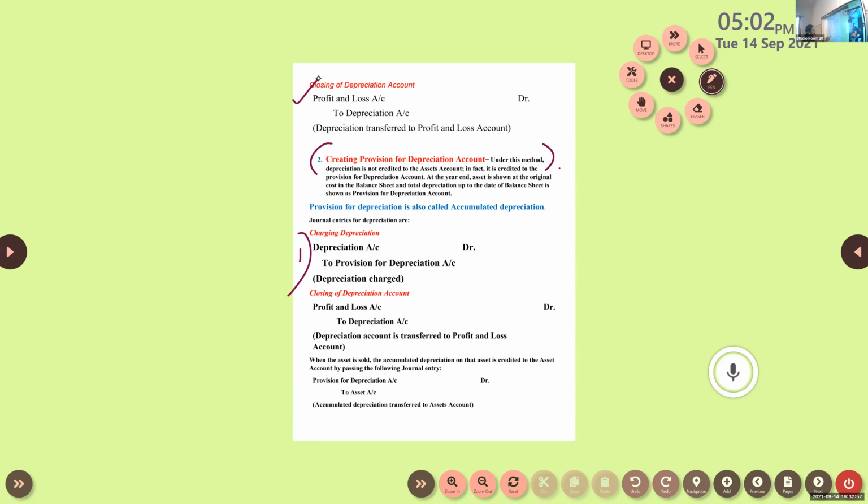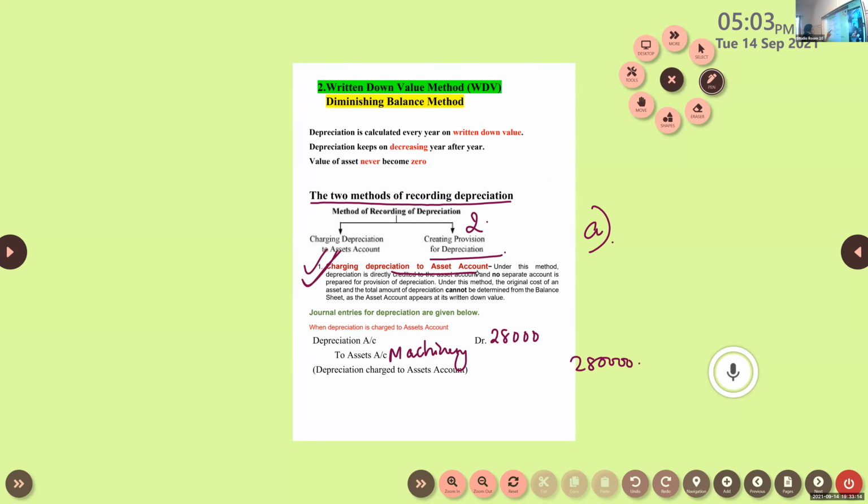So here we are not doing anything with the machinery account. In the earlier case, we were charging depreciation to the asset account, machinery. We were reducing this depreciation from the machinery.